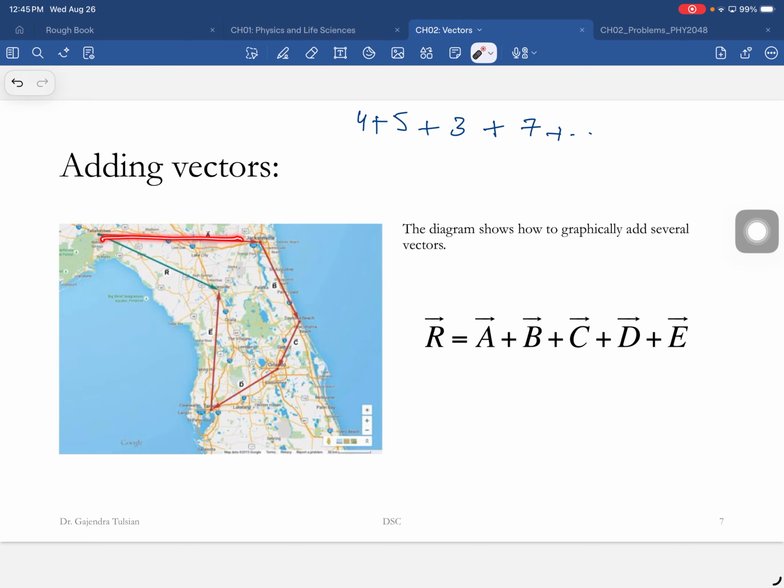Draw A, draw B, C, D, E, and there's the resultant vector. The sum is from the tail of A to the head of the last vector. All right, then the next property you would like to know is the following.